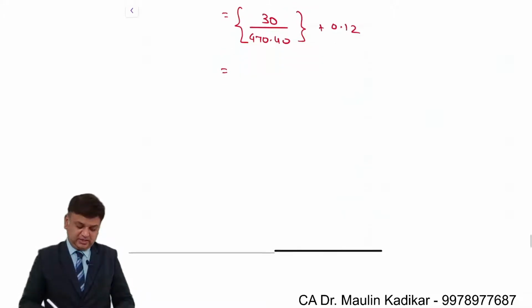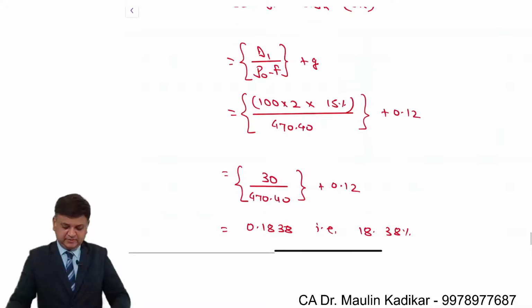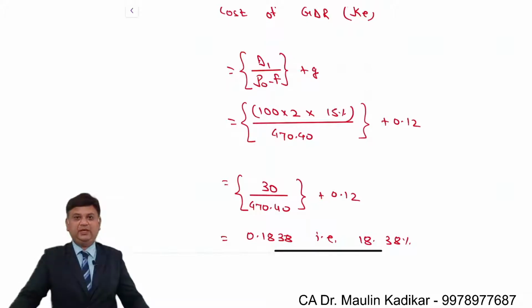So 0.1838, that is 18.38%. That is the way the cost of equity, cost of GDR can be found.